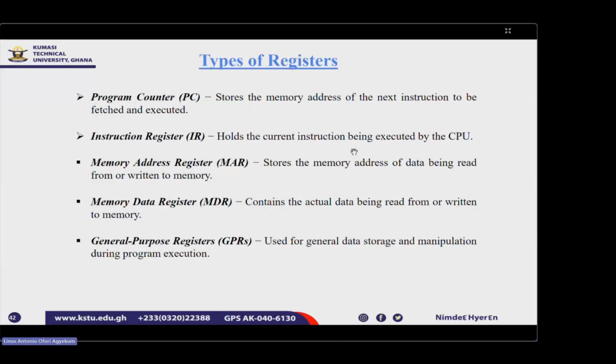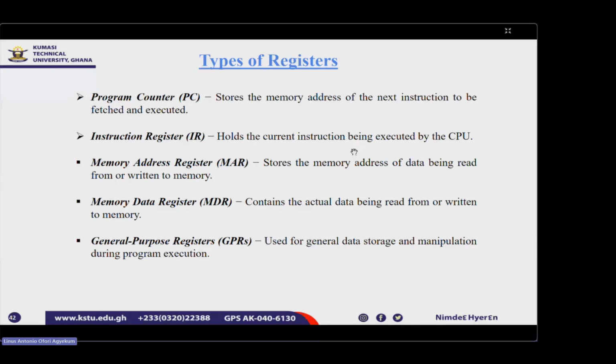And some types of register memory, as we looked at in our earlier lectures, are the program counter, the instruction register, the memory address register, the memory data register, and the general purpose registers.